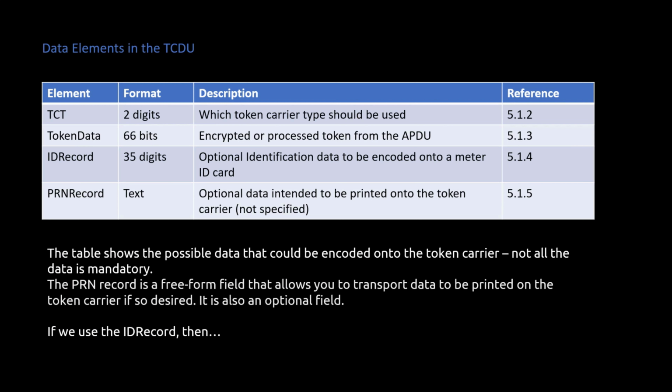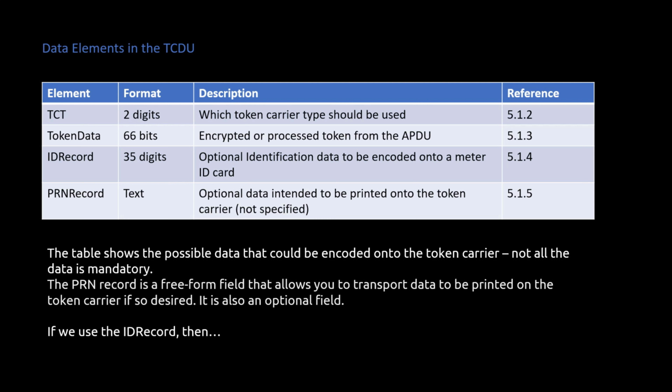So the data elements in the TCDU: you have a token carrier type, which is 2 digits, and it essentially shows you which token carrier type should be used, and the reference for that is 5.1.2. You have the token data itself, which is 66 bits, and it is the encrypted or processed token from the APDU, reference 5.1.3 in the document.